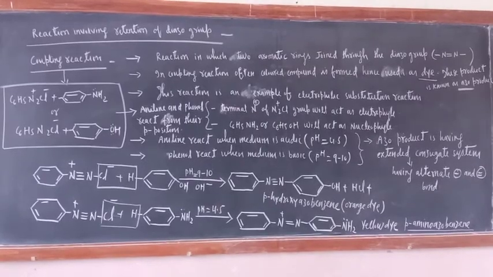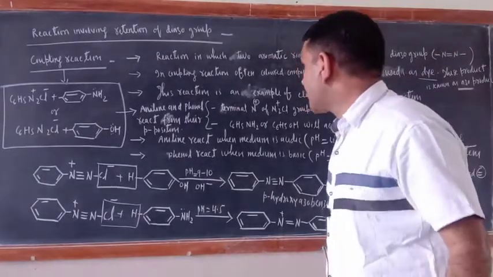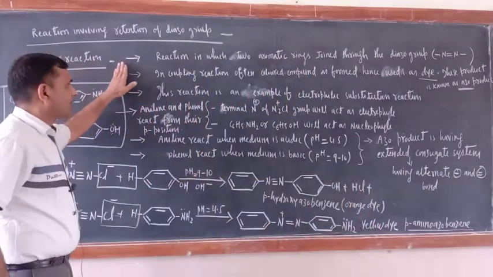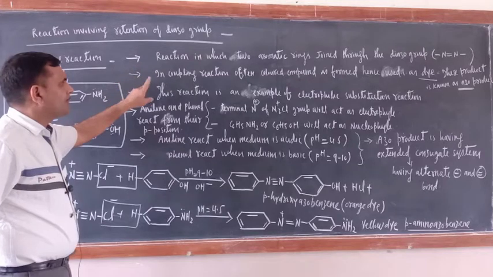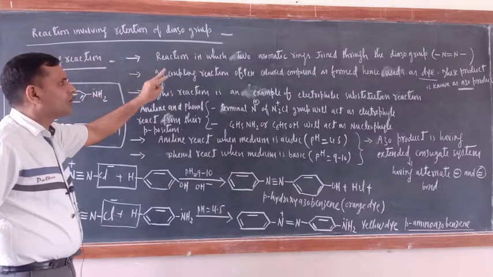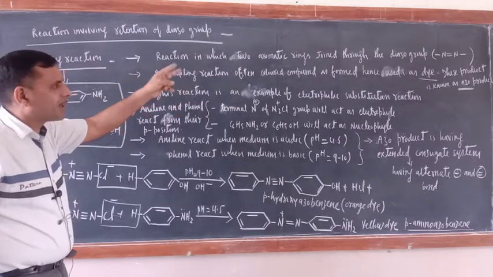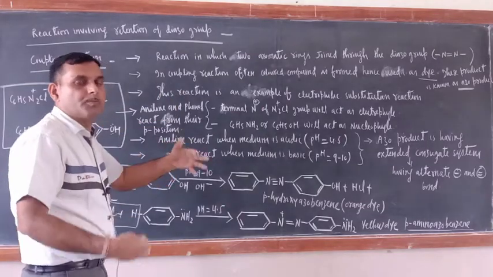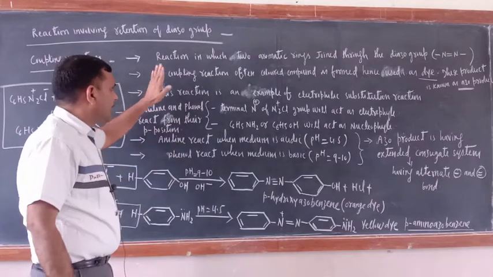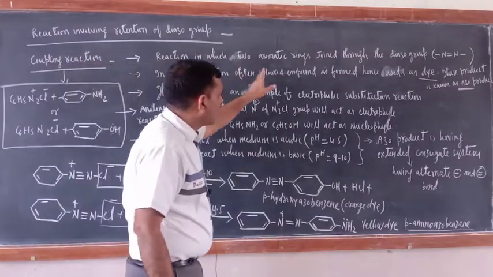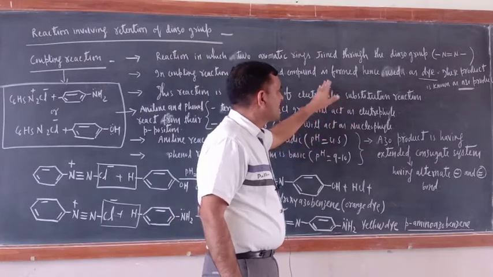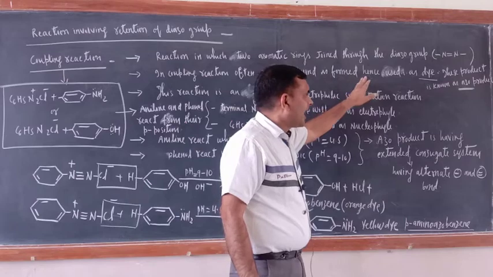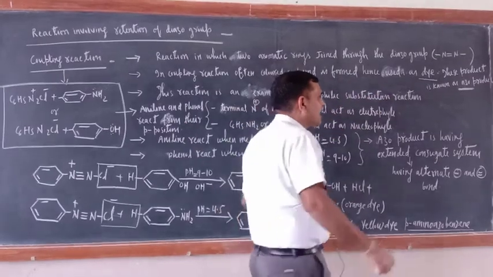Okay, so just see here. Reaction involving the retention of diazo group, that is coupling reaction. As already explained, coupling means a reaction in which two aromatic rings are joined through the diazo group. Means the diazo group is holding two benzene rings. In a coupling reaction, often a colored compound is formed. Hence, these colored compounds are used as a dye, D-Y-E, dye. And these products are known as azo products.